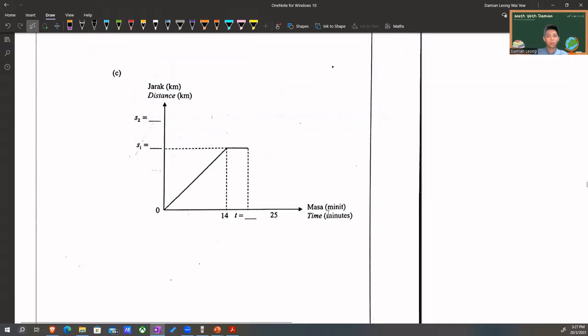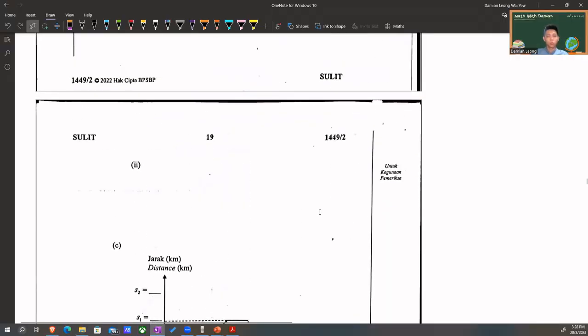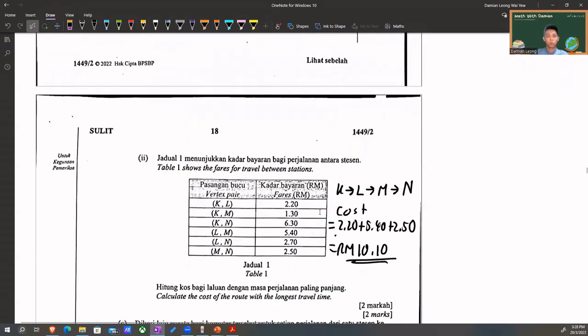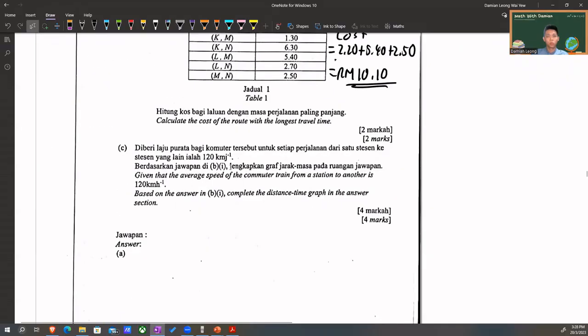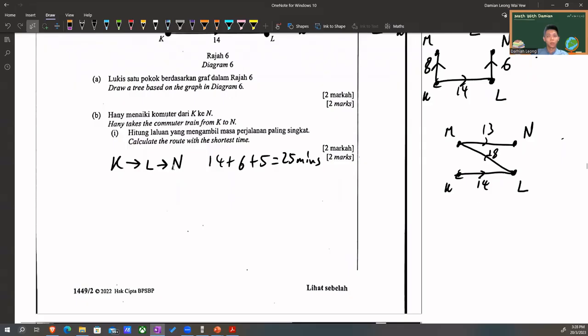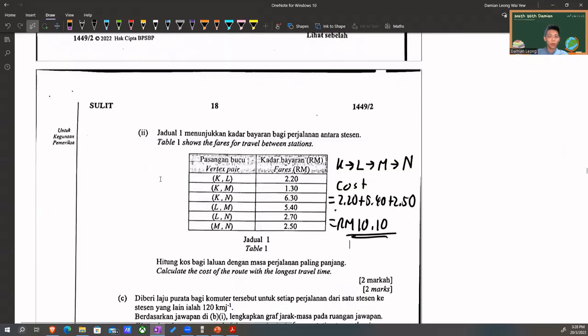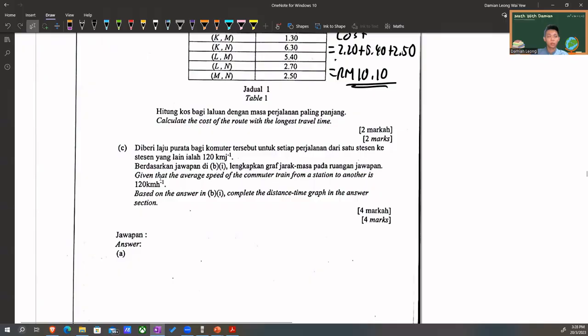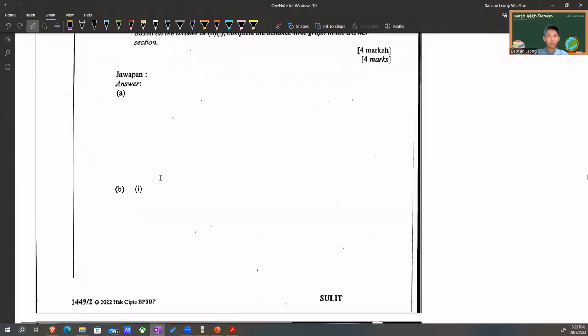Average speed means total distance over total time. So based on answer in B1, it's going from K to L to N. That means, yeah.